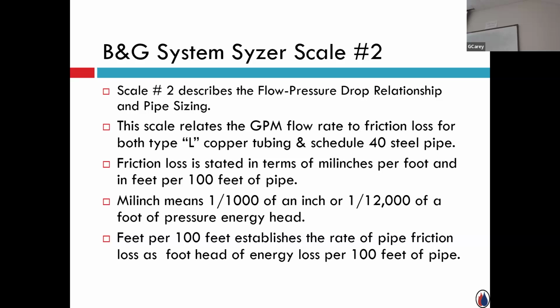The friction loss on scale 2 is listed in 2 terms. I'll just mention it today. We won't mention it ever again, but one of the measurements or terms was milli-inches per foot. And that was pretty common about 100 years ago. It was used when you were converting from gravity hot water to forced circulation and adding circulators, the pipe size was so large, the pressure drop was so low in feet.